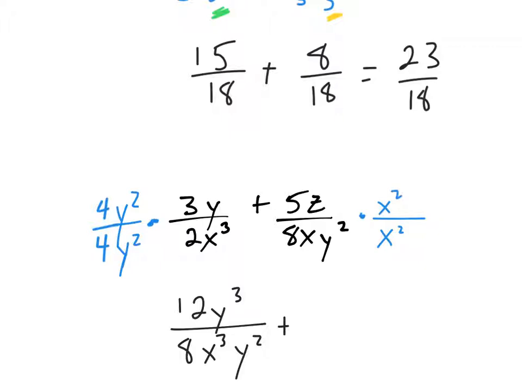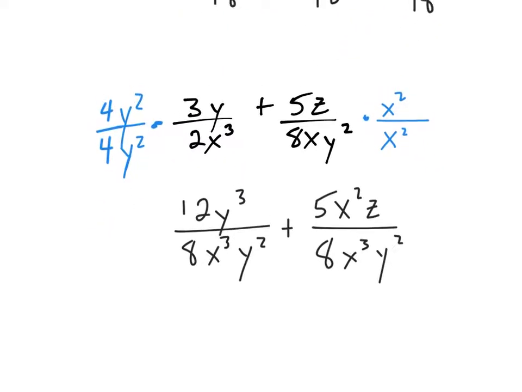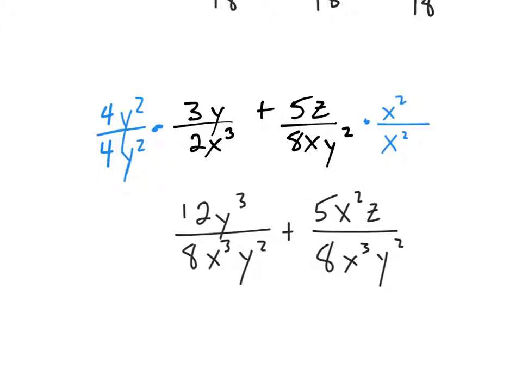All right. Then I have my addition sign. Then we have 5z times x squared, which is going to give me 5x squared z. And my denominator again, 8x cubed y squared. All right. What do I get when I add these two things together? Well, I don't quite get that.